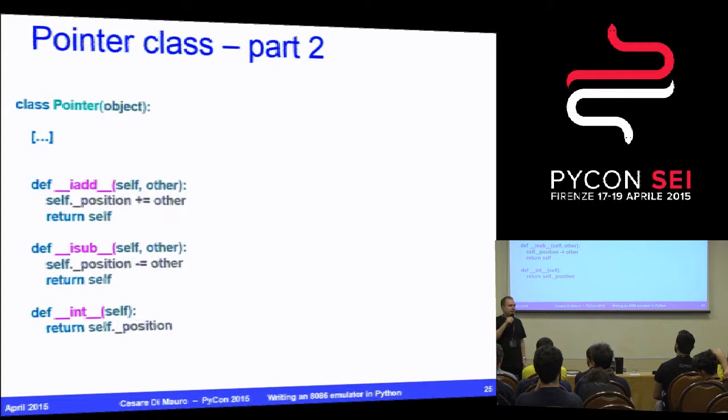The last thing is that I want to convert the pointer to an integer for debugging purposes, for example to display the location of a pointer. So I define the special int method, which basically writes only the current pointer position.